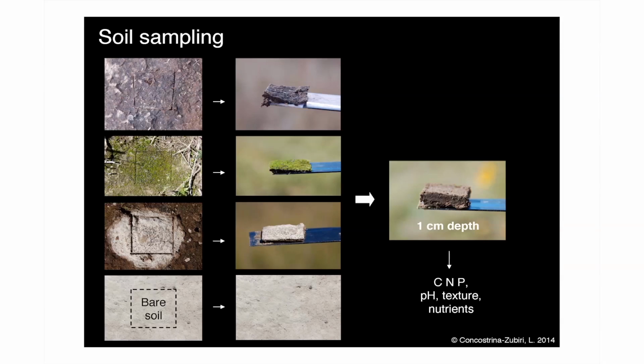And all of this can be included in these functional diversity measures. For example, what we have been doing is to collect soil in the first centimeter depth under each functional unit. In this case, I show you here, for example, cyanobacteria, mosses, and lichens. And also we collect bare soil just to compare the values of soil properties here.